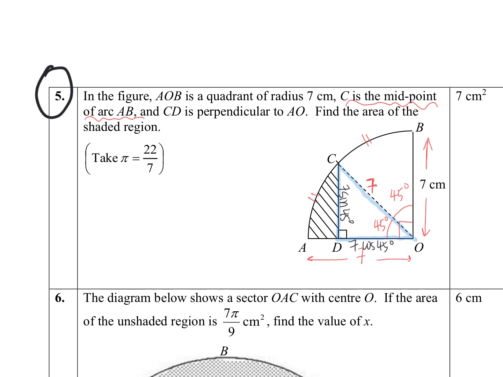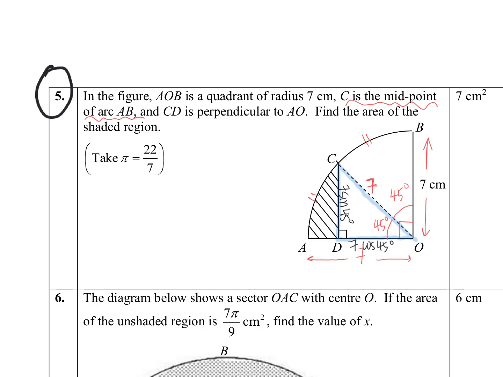This one is 45 degrees, so it's also 7 sine 45 here, 7 cosine 45 here. It just so happened that on the calculator, cosine 45 degrees and sine 45 degrees are the same value. So even if you see 7 sine 45 here and 7 cosine 45 here, it's the same answer. Because this is 45 degrees, both are of the same length.